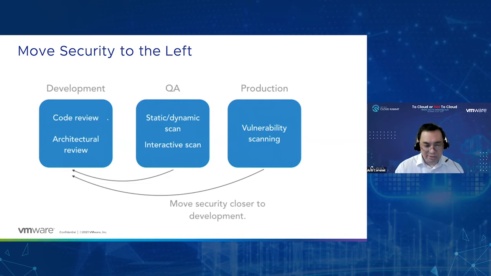Now, this is a big change because most people tend to perform testing at the end of the application life cycle. Now, when we move security to the left, we take things that we used to do in production like vulnerability scanning, or in QA like static scanning, and we move all of those to the development phase.